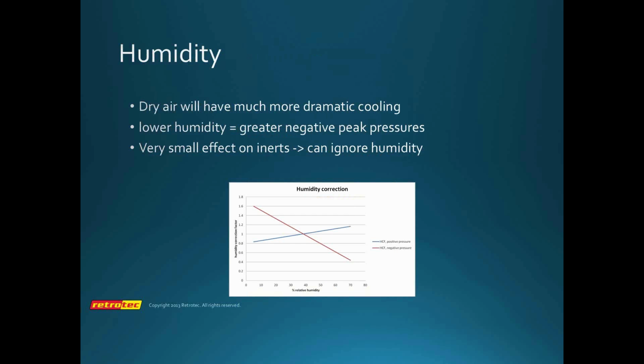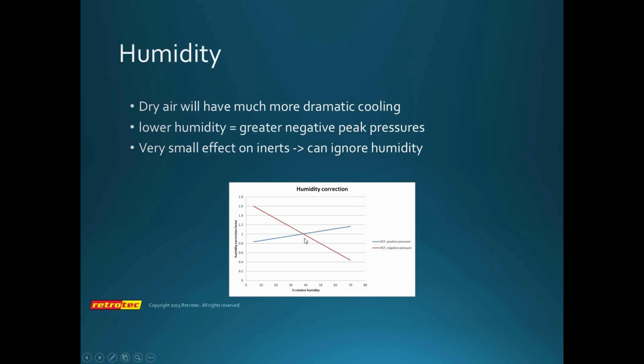And with halocarbons, we also have to take humidity into account, and we can see here that as the relative humidity gets greater, then the negative peak pressure drops. That's the red line here. So when we get up to, say, a 70% relative humidity, the negative pressure spike pretty much is eliminated.